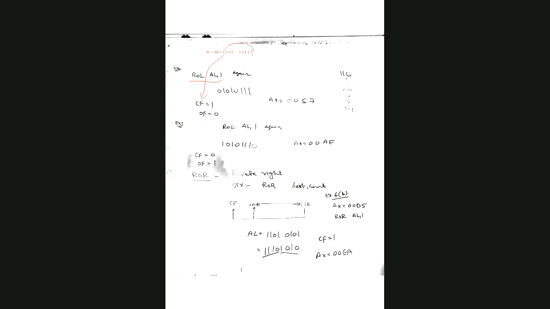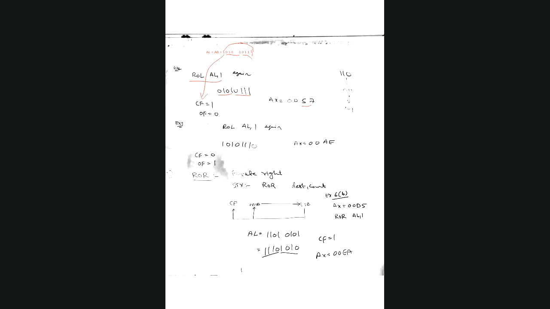When 1 goes here, you see here 1, 0, 1, 0, 1 will be one number, and another will be another number. 0, 1, 0, 1 will be 5, and this is 0, 1, 1, 1, which is 7. Now carry flag I got 1, and AL you are having 5 and 7, so AX will be 0, 0, 5, 7.